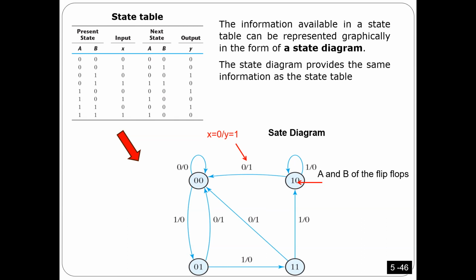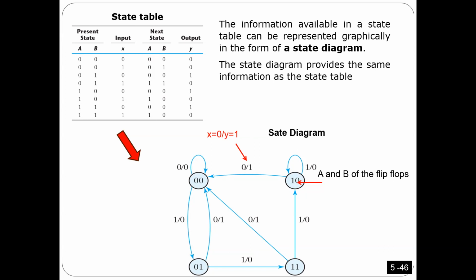Don't worry, maybe it's a little bit complicated. It's not similar to what we did before, but what you should understand now is that the system has what we call a state. Every circle here is one state, and because we have 2 flip-flops, we have 4 states. These numbers are the values stored in the flip-flops.